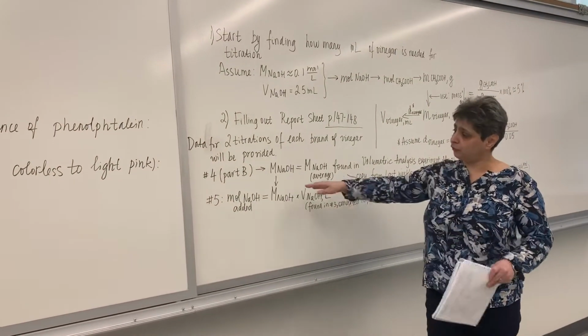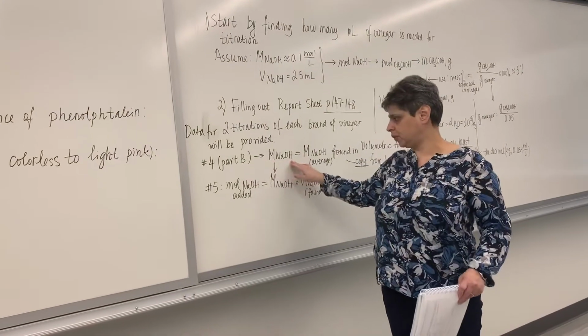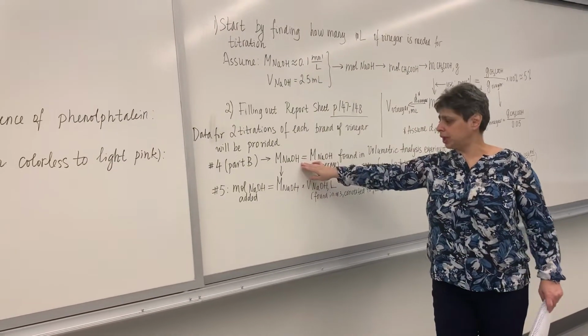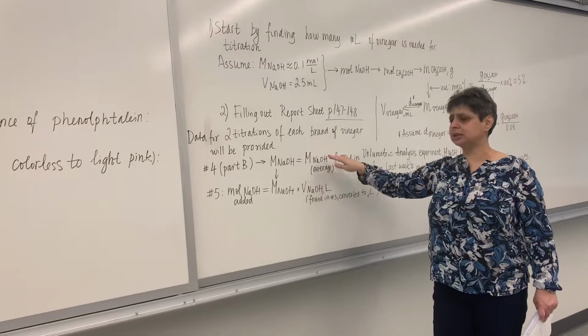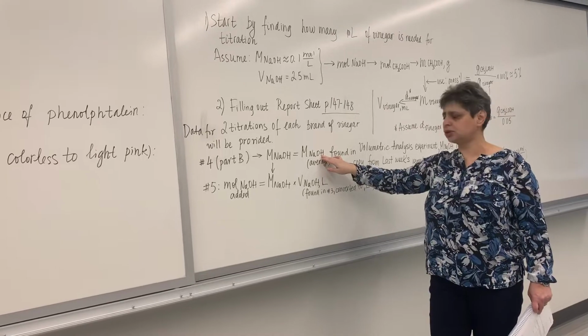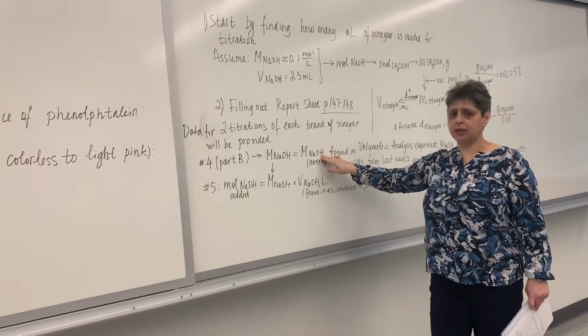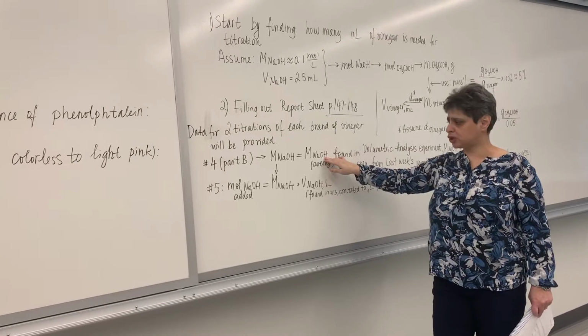Now, for number 4 in part B, it says molar concentration of NaOH. Here, I would like you to use molarity of sodium hydroxide that you found in last week's report, which you should still have, of course, which you probably scanned or photographed and submitted for grading, but you should still have the original.